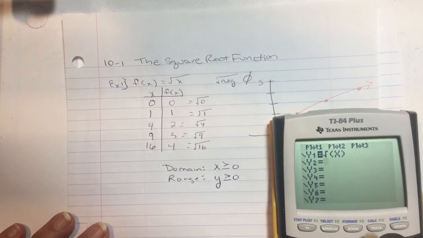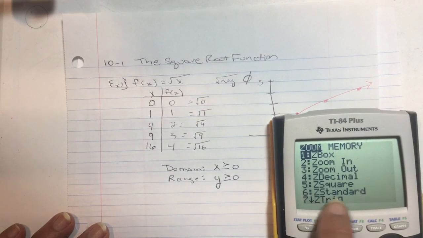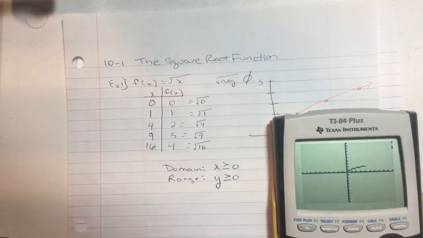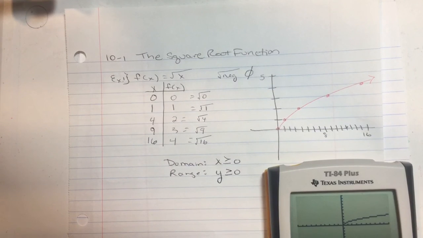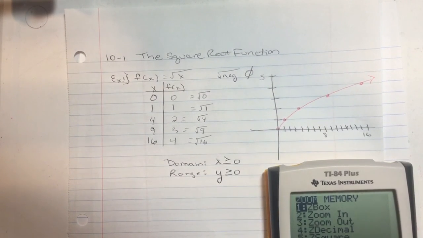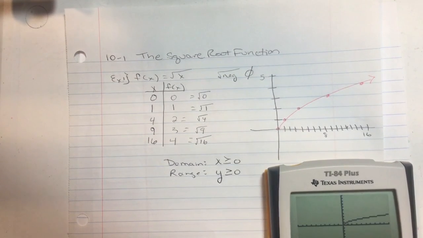Now, to graph that, I want to make sure that I have a standard viewing window. You could have hit graph, but by getting the zoom standard, I'm going to have something that's fairly easy to look at. And we did a pretty good job. I could definitely adjust the viewing window, maybe doing zoom integer. Let's see how that one looks. Yeah, it's okay.